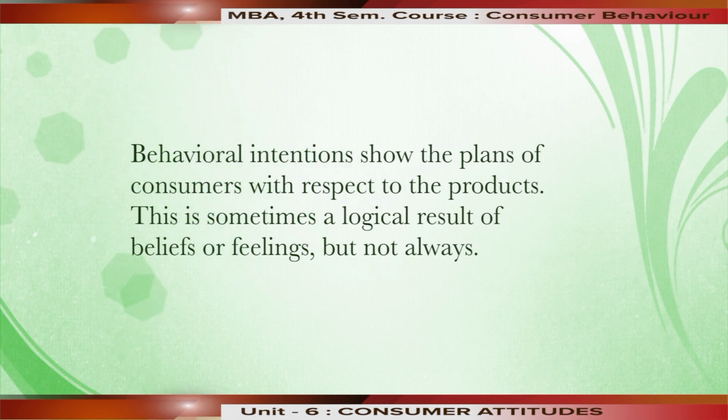This is sometimes a logical result of belief or feelings, but not always. Suppose for example, an individual might not like a particular restaurant, but he or she may visit it because their friends like to visit that restaurant. So it is our behavioral intention. Generally it is influenced by our beliefs and feelings.